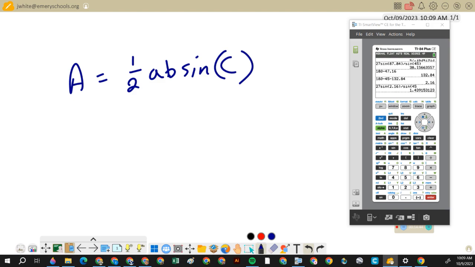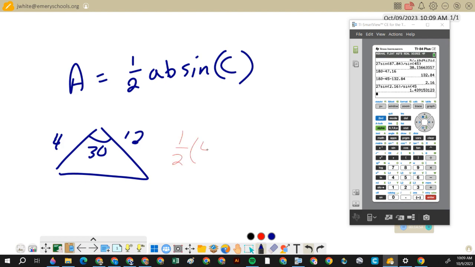Whenever you have a side angle side triangle, so 4, 12, and 30, the area of that triangle is just 1/2 times 4 times 12 times the sine of 30.